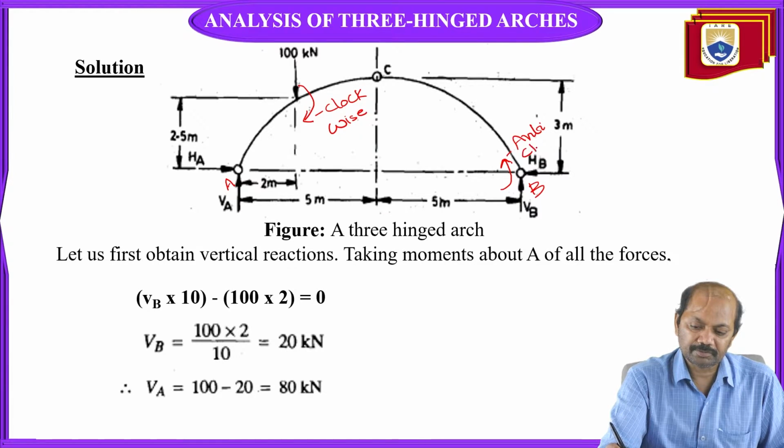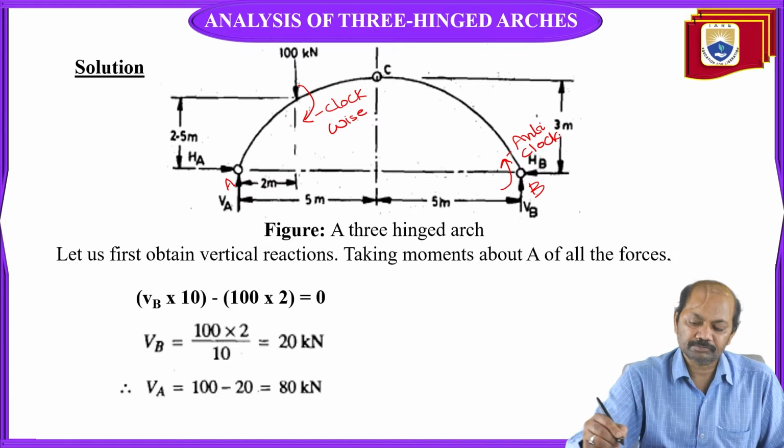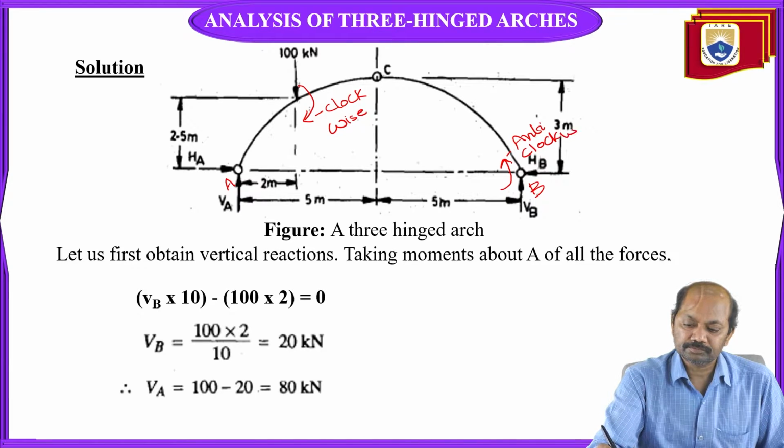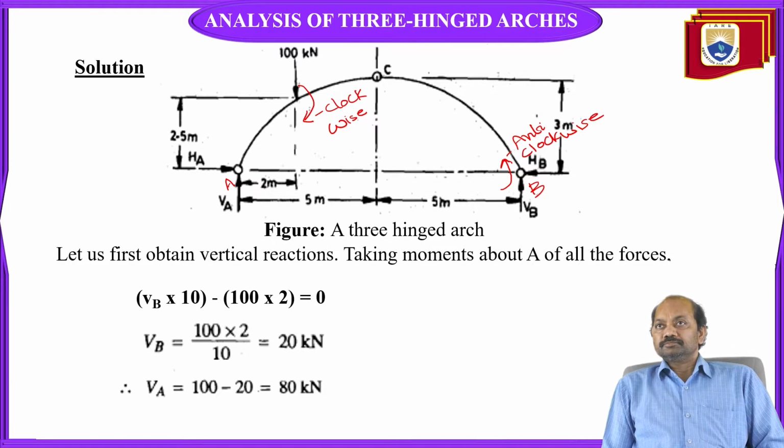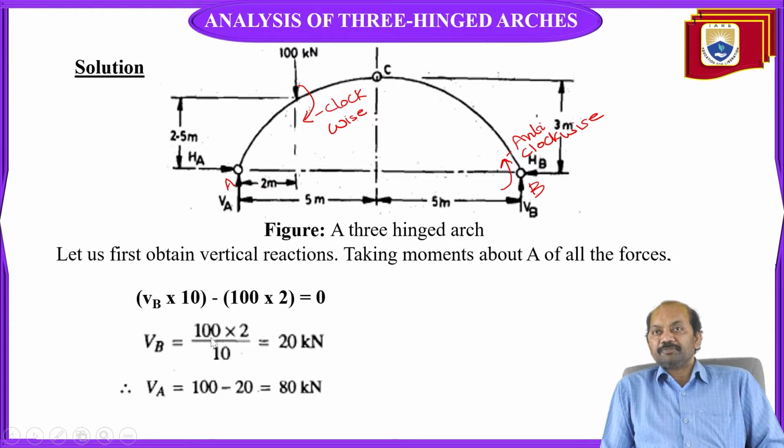So, from this equation, we can calculate VB. Moving it to the right hand side, 100 into 2 divided by 10, VB is equal to 20 kilonewtons. By solving, we get VB is 20.